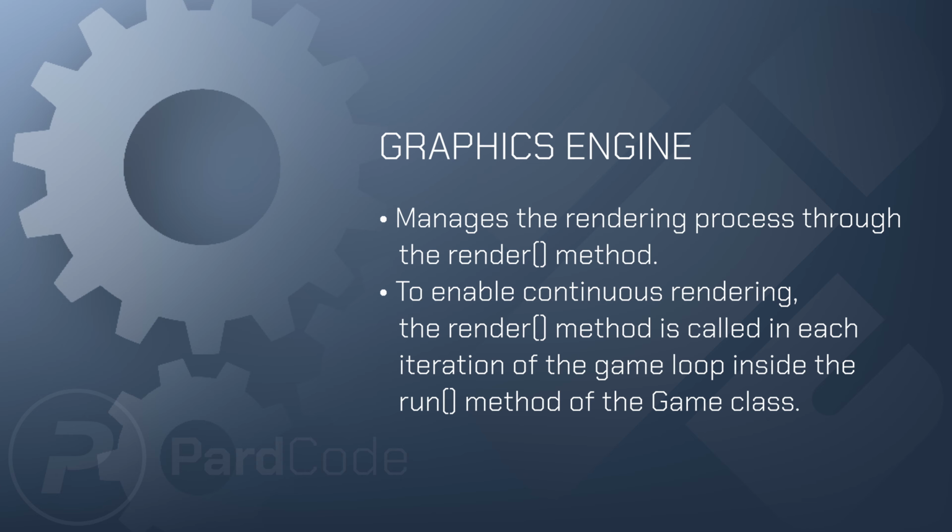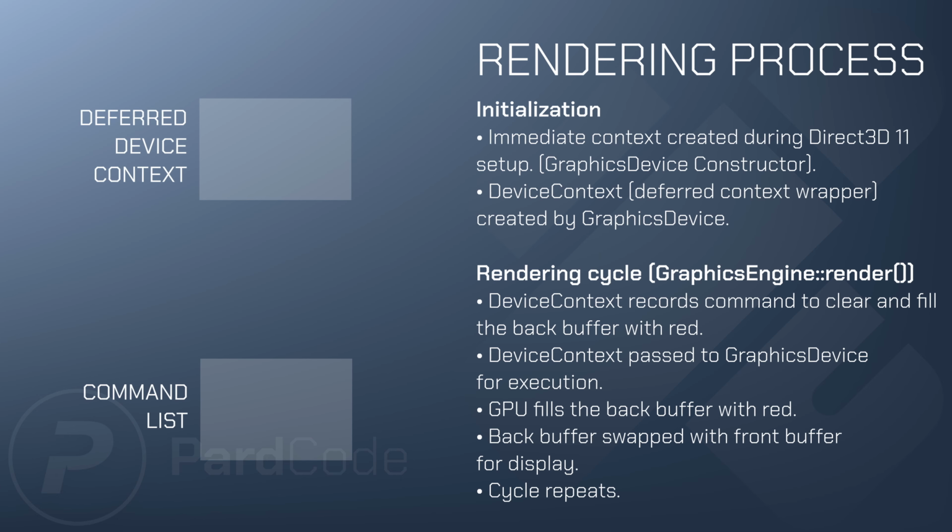Let's break down the rendering process. First, we will use a deferred context through our device context class to record the rendering commands. Using this context, we will record a command that clears and fills the back buffer with color by passing a reference to a swap chain. To start, we will fill our back buffer with a red color.